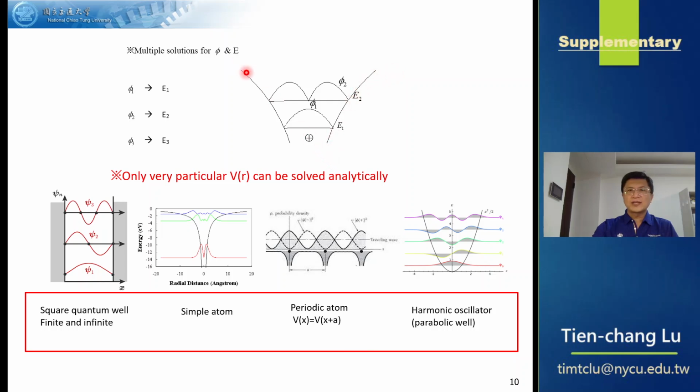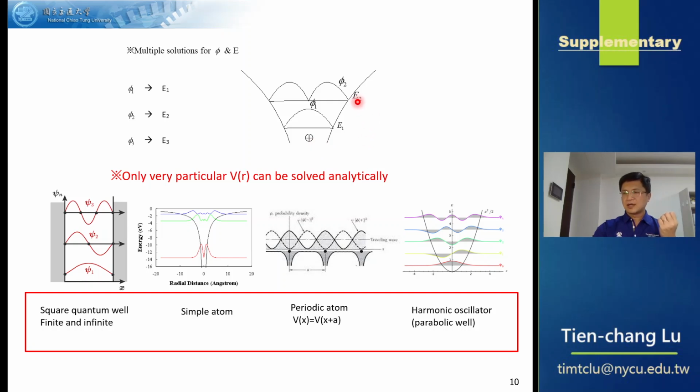Just as in this example, we use a simple atom. In a single atom, the potential energy is provided by the Coulomb attraction between the electrons and the nucleus, which carries positive charge, while electrons carry negative charge.